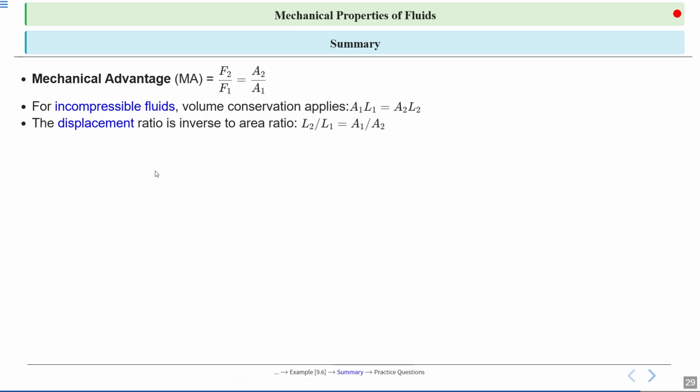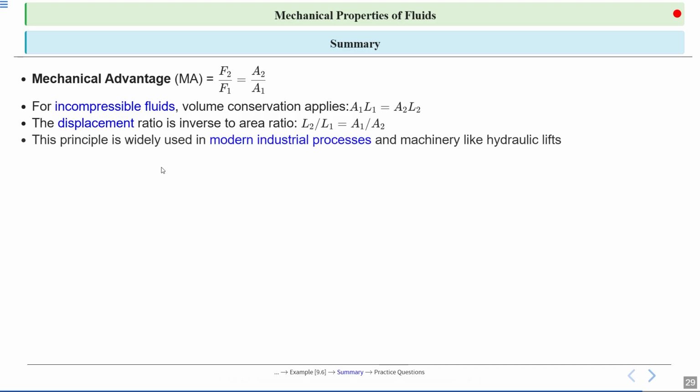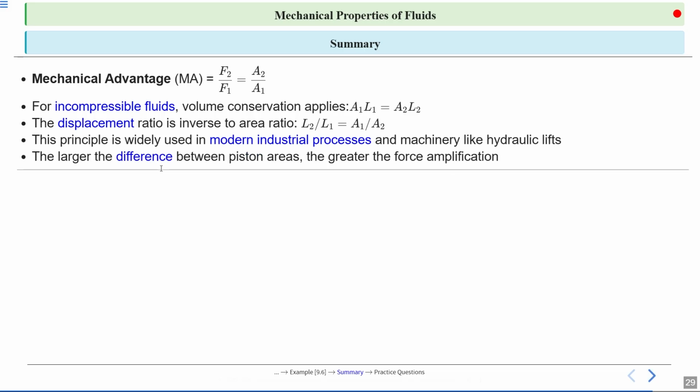The displacement ratio is inverse to area ratio: L2 by L1 equal to A1 divided by A2. This principle is widely used in modern industrial processes and machinery like hydraulic lifts. The larger the difference between piston areas, the greater the force amplification.